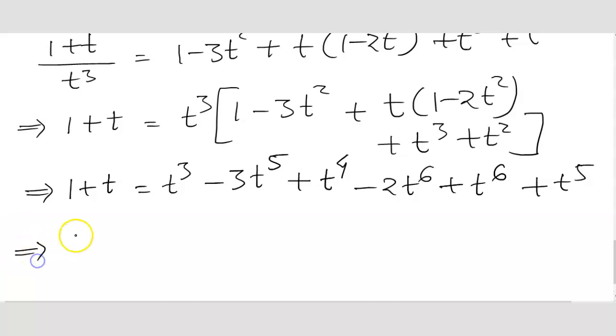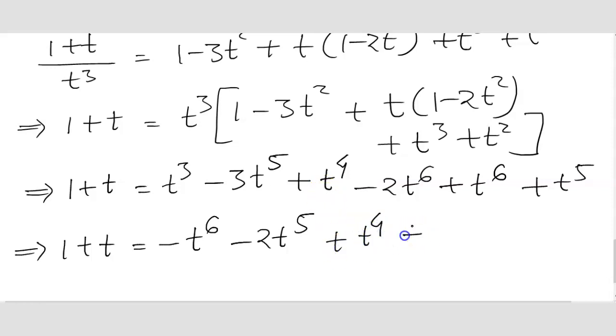Now if we make some further simplification, these two things sum up to minus t to the power 6, and this thing sums up to minus 2t to the power 5. T4 plus T cube, they have nothing to do at all, right?